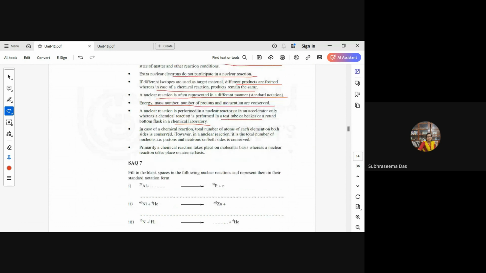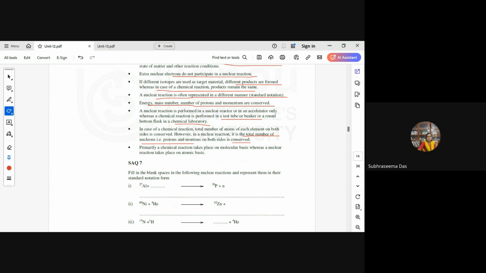Also, in a chemical reaction, the total number of atoms of each element on both sides is conserved. That is what we call the balancing of the chemical equation. However, in a nuclear reaction, it is the total number of nucleons, that is, the total number of protons and neutrons on both sides, that is conserved.